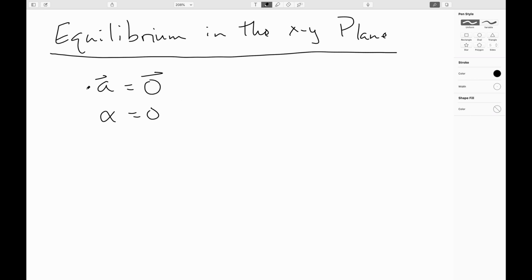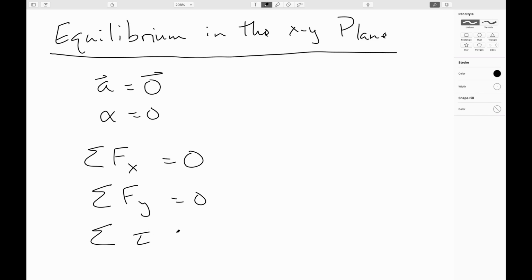What the acceleration condition is going to mean is that the sum of forces in the x and the sum of the forces in the y both have to be 0. So we'll just write it that way. Sum of forces in x is 0. Sum of forces in the y direction is 0. And the requirement that the angular acceleration be 0, by Newton's second law applied to rotations, will mean that the sum of the torques is also 0.